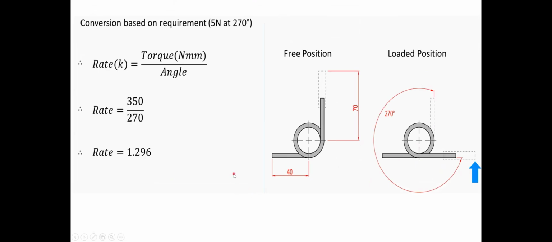So how do we evaluate the spring rate or spring constant? We can figure it out as we already learned previously, from the load applied and the deflection. Also, we can evaluate it from its dimensions and the material's properties.